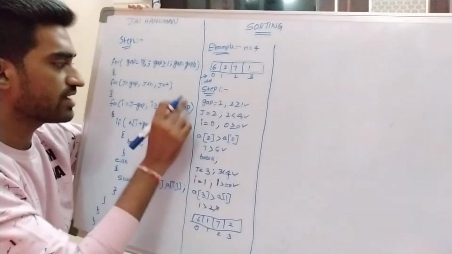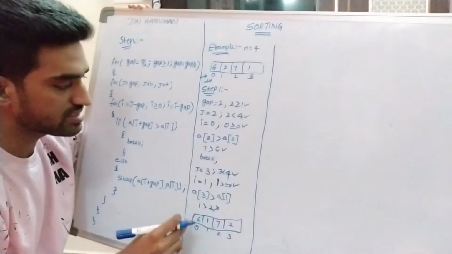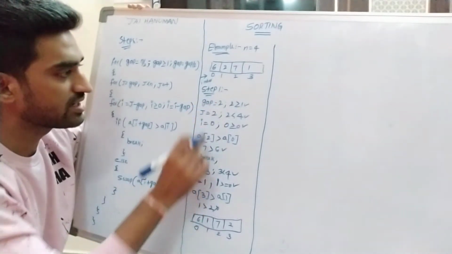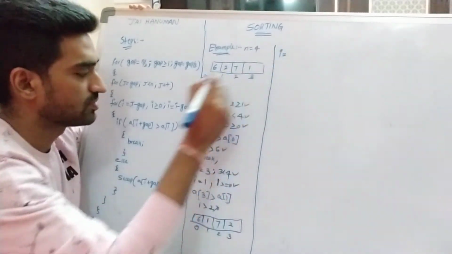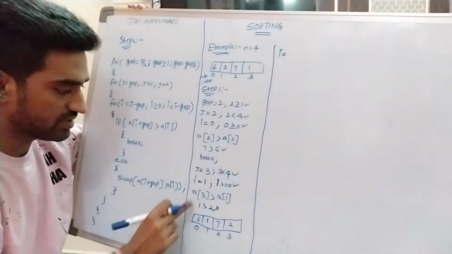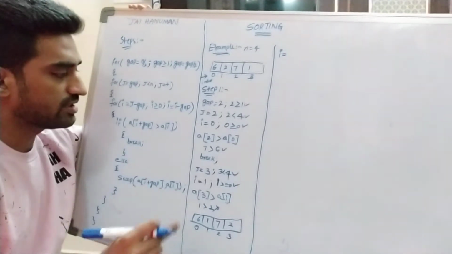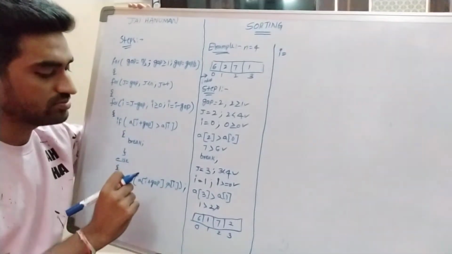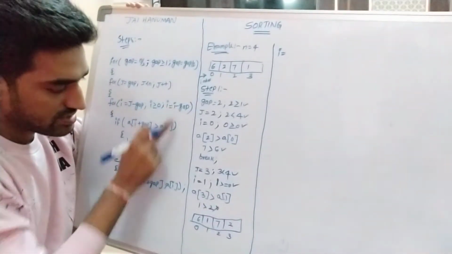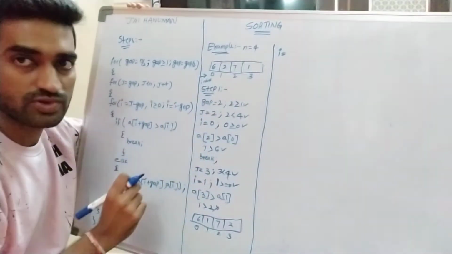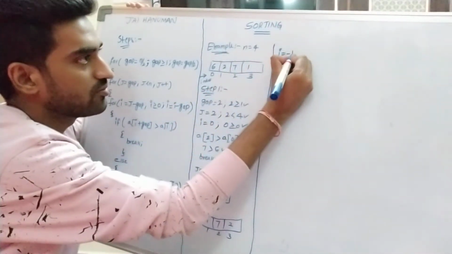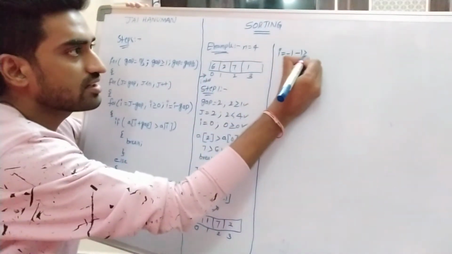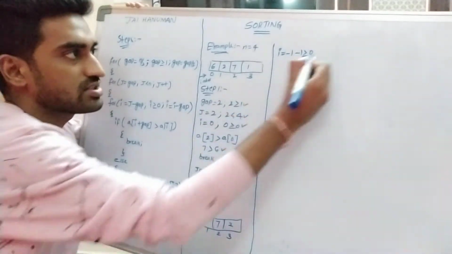What is the i value? i is equal to i minus gap, 1 minus 2. So 1 minus 2 is minus 1. Then minus 1 greater than or equal to 0, condition failure.